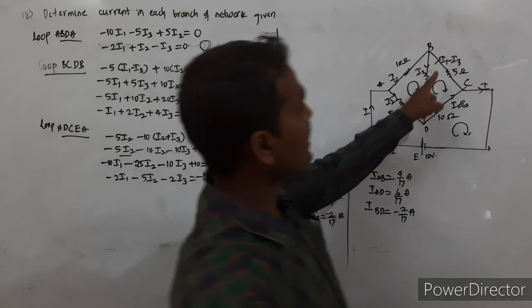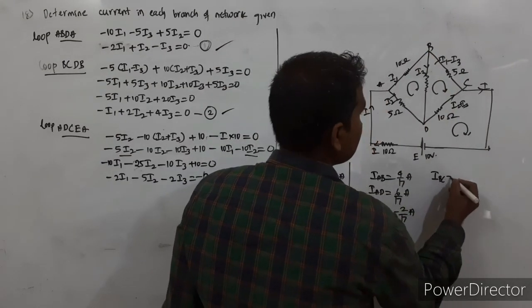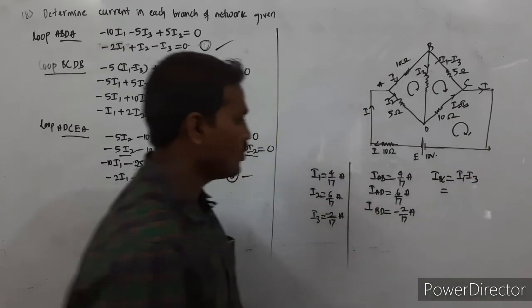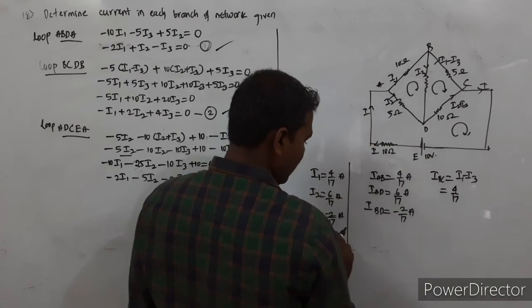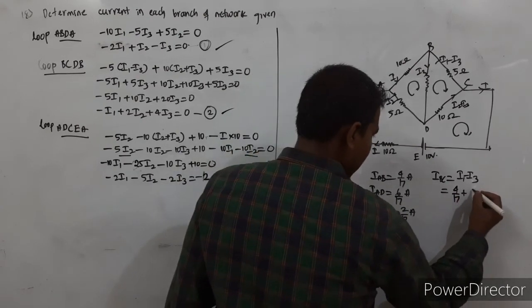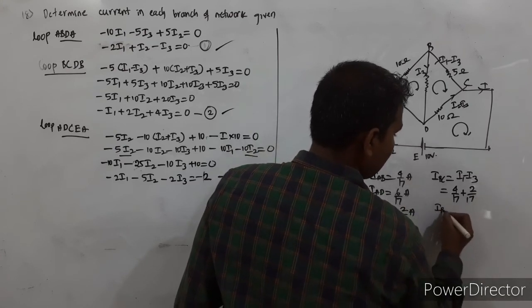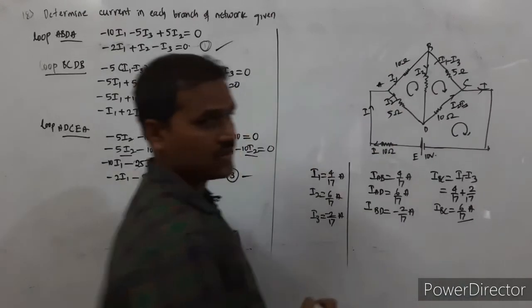Now current in this branch from B to C, that is IBC, is equal to what? I1 minus I3, that is 4 divided by 17 minus of minus 2 by 17, that is equal to plus 2 divided by 17. So I get IBC is equal to 6 divided by 17 amperes.